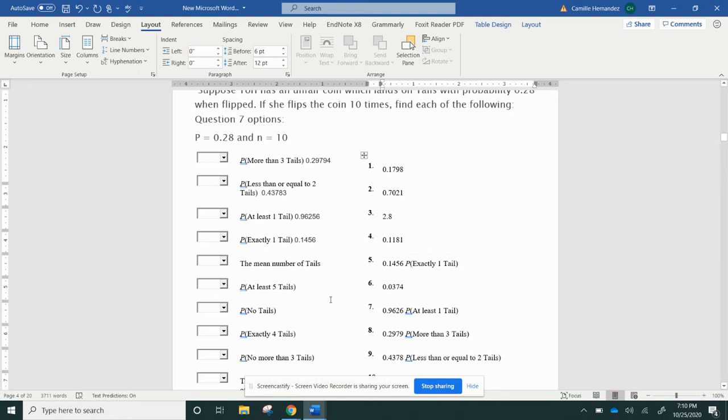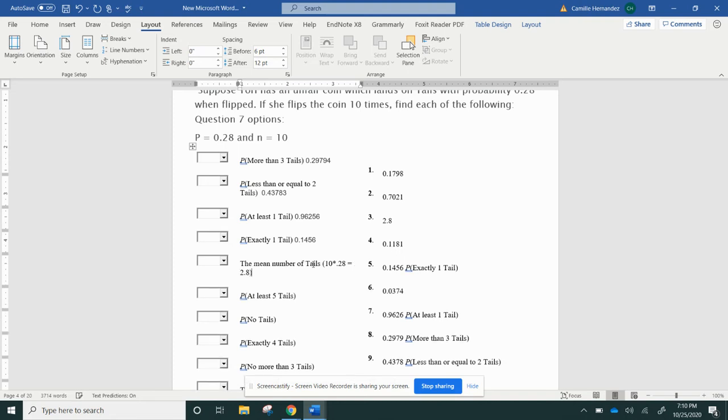The mean number of tails. Okay, that's a little bit different. All you have to do to get that one, mean number of tails, is 10 times 0.28 equals 2.8. Where did I get that from?